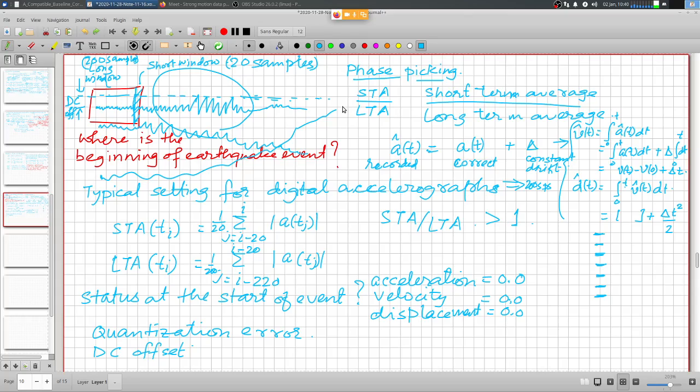This is the parabolic trend that you see. This parabolic trend is coming because of this DC offset error. And if you remove this, then the displacement becomes more reasonable. Now, why is this a problem? Because this is monotonically increasing. See, this is t square.